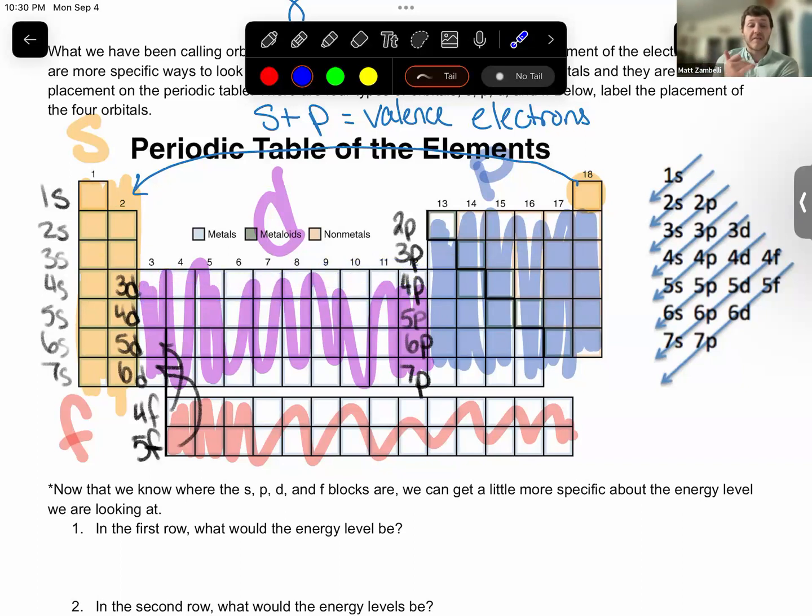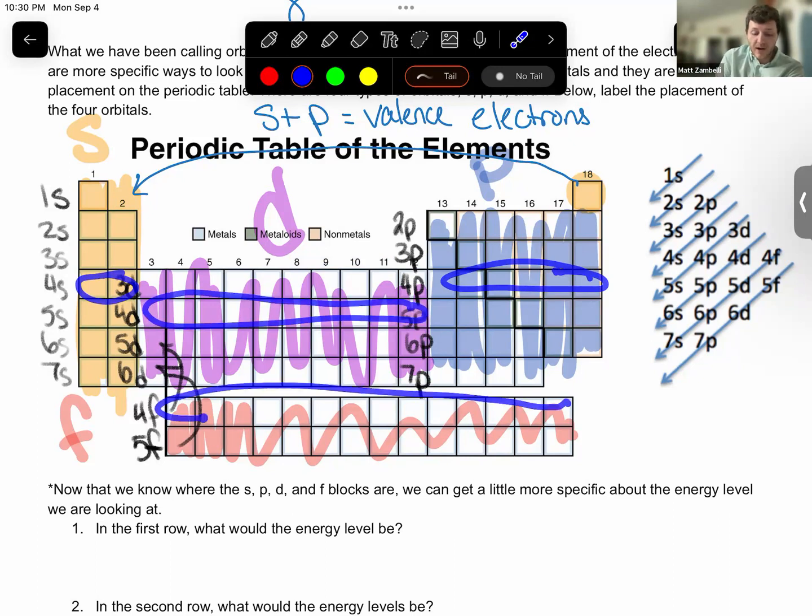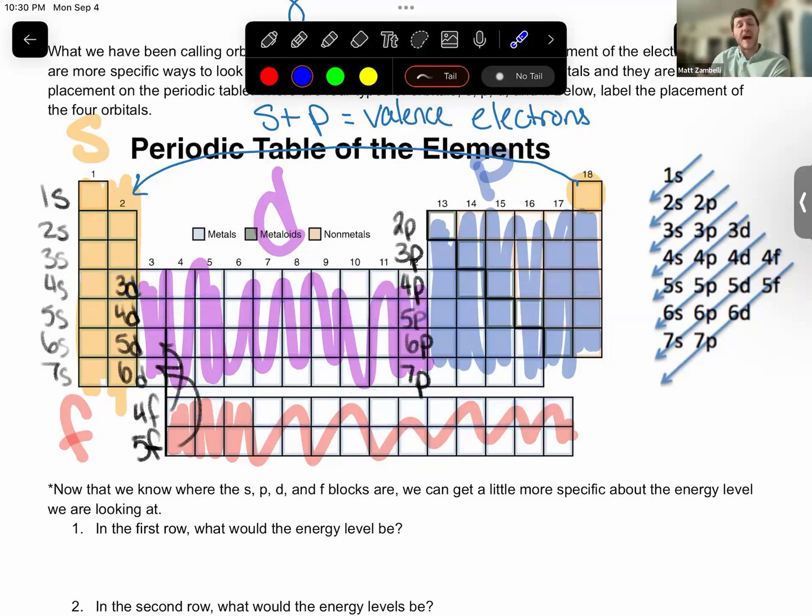When we're talking about our fourth ring, we again have 8 when we're in our fourth row, 18 when we're in our fifth row, and when we're in our sixth row, we can actually have up to 32 electrons in the fourth ring, just because of where our 4f and our 5f stand. So that's why things get more complicated, and why our electrons need to be looked at even more individually.